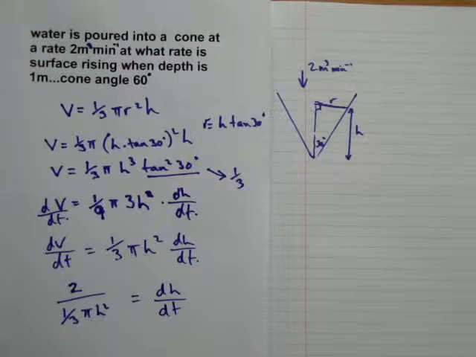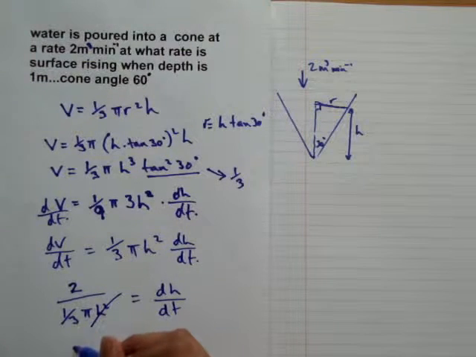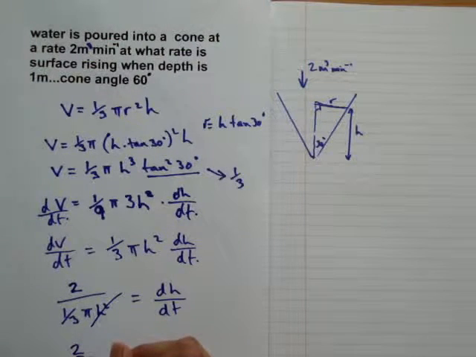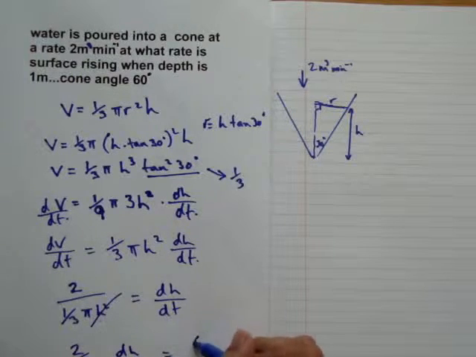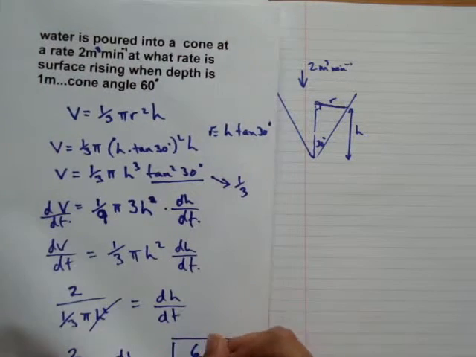The h squared, because the h is 1, is eliminated, and we get 2 over 1/3 pi equals dh by dt, which is 6 over pi meters. And that is the answer.